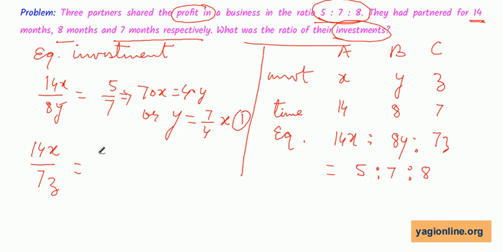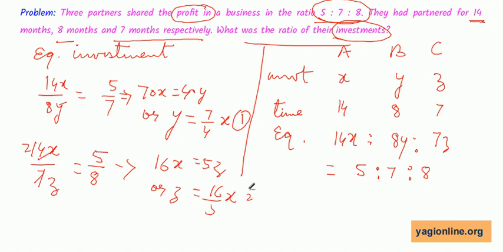So this implies that 16x is equal to 5z, or z is equal to 16 by 5 x. So this is the second equation.